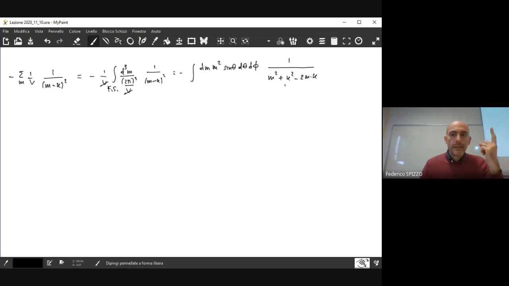So if we choose, let's say, the orientation of the z-axis when we define the polar coordinates such that the z-axis is along k, then this scalar product m scalar k can be written just in terms of the cosine of the angle theta, that is the angle in the spherical coordinates evaluated with respect to the z-axis.